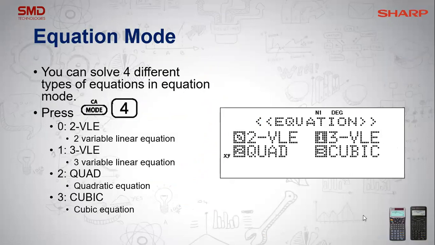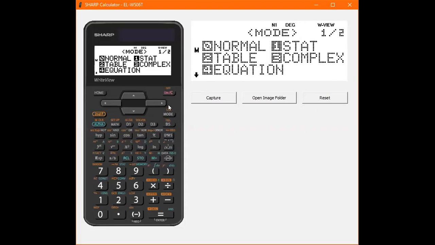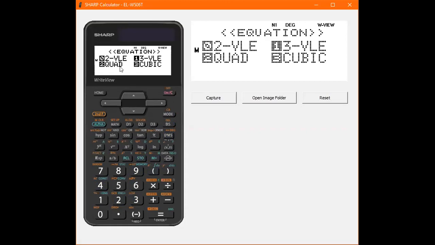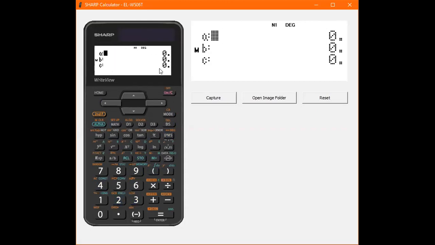Okay, so moving on from here and solving manually for these equations, you actually also have an equation solver on the calculator. So you have a quadratic equation solver and a cubic equation solver, and then a 2-variable linear equation and a 3-variable linear equation solver. If we look at the quad, it's just A, B, and C. So you can just fill in those details again.